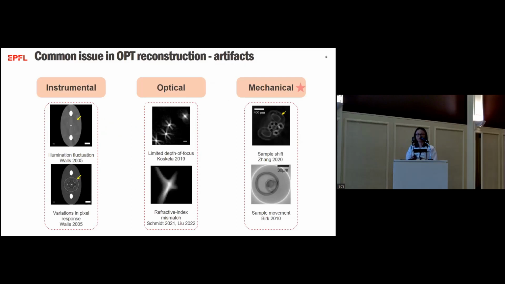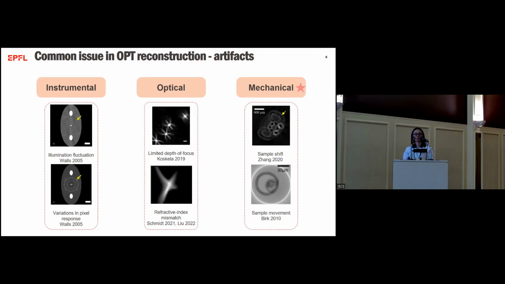While this whole pipeline works very nicely, there's a common issue in OPT reconstructions: the artifacts. The artifacts can happen due to different reasons. They can be instrumental reasons. For instance, if we have some fluctuation in the light source or some pixel variations in the detector response, we see these smear and ring artifacts. Artifacts can also happen due to optical reasons.